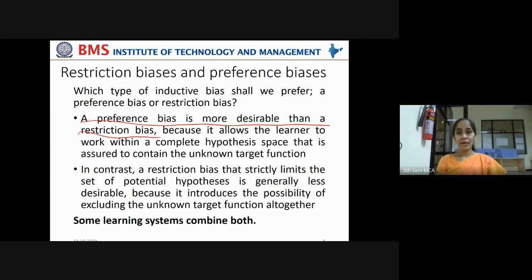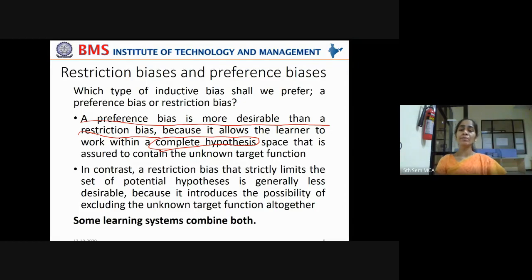Why? Because it allows the learner to work within a complete hypothesis space that is assured to contain the unknown target function. When I say complete hypothesis space, it contains all the possible solutions along with the ideal target function also, right?